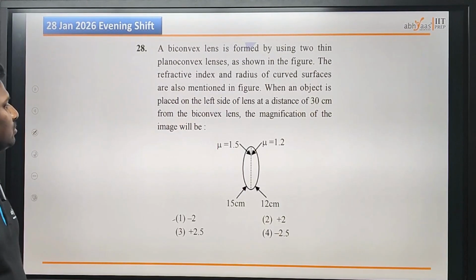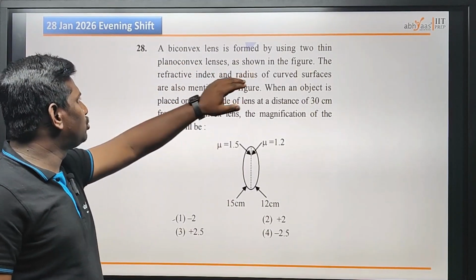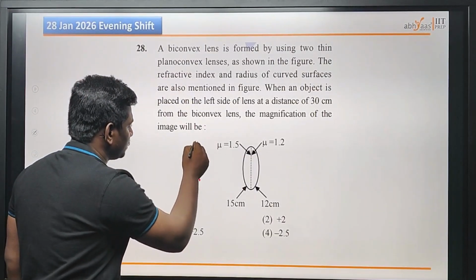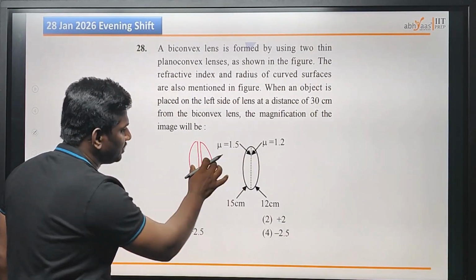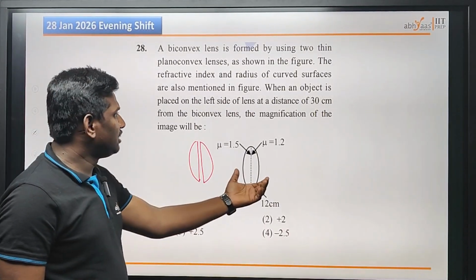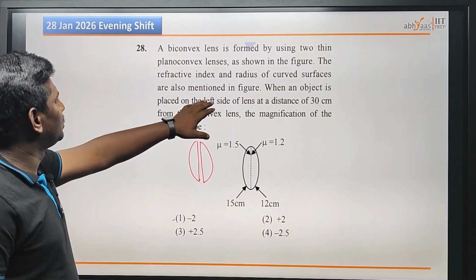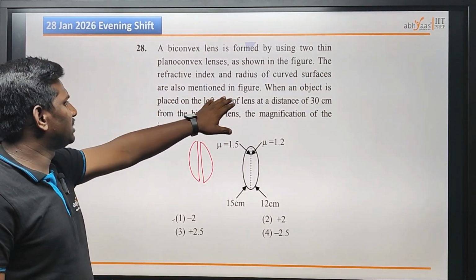Next question, 28th question. They have given a biconvex lens formed by using two thin planar convex lenses. They combine together these planar convex lenses to form one biconvex lens. The refractive index and the radius of curvature are also mentioned in the figure.